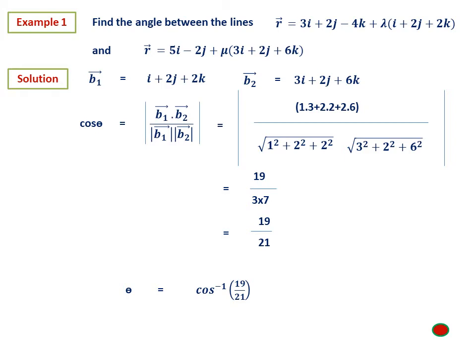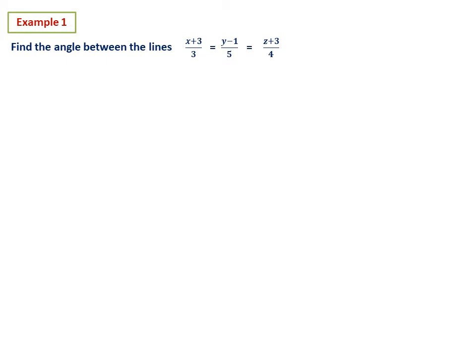Here the equations are given in vector form. Let us take one more example, when the equations of the lines are given in Cartesian form. Find the angle between the lines (x plus 3) by 3 equal to (y minus 1) by 5 equal to (z plus 3) by 4. This is the first line.